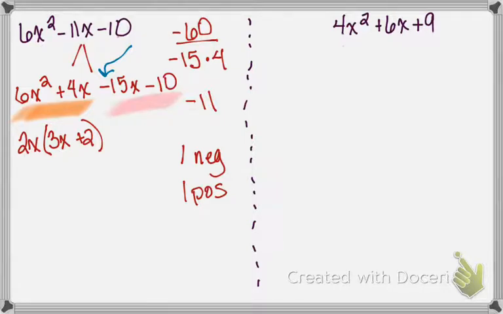I've got to pull out a negative. Okay? And in this case, is it negative 1? No, it's not negative 1. It's negative what? 5. Negative 5. Okay? So I have to pull out a negative 5. So then I'm left with 3x plus 2.